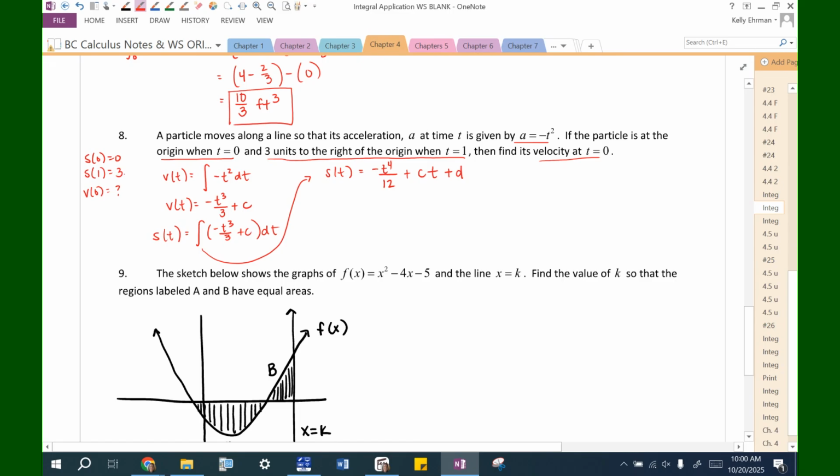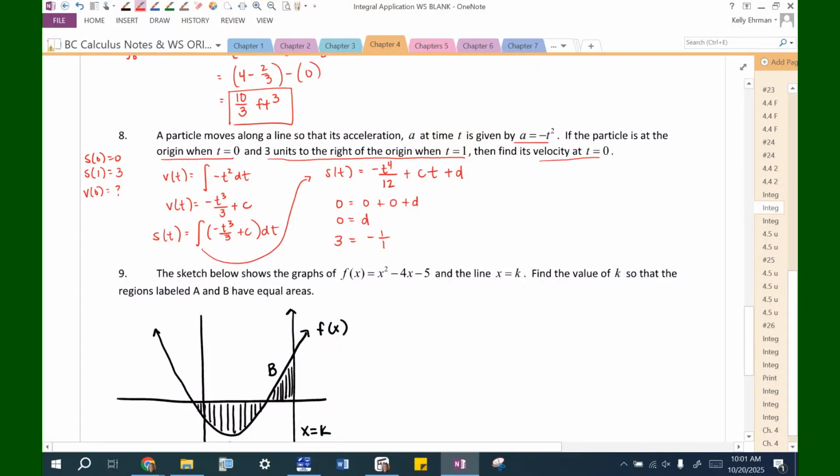You don't want to start with 1, 3 because that would still give you two unknowns, but start with 0, 0. Position is 0 when I plug 0 in for t. So that means that d equals 0. Then I can also say, well, position is 3 when I plug in 1.